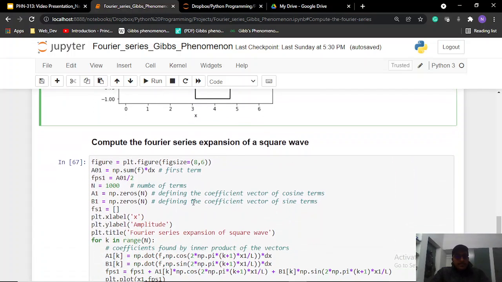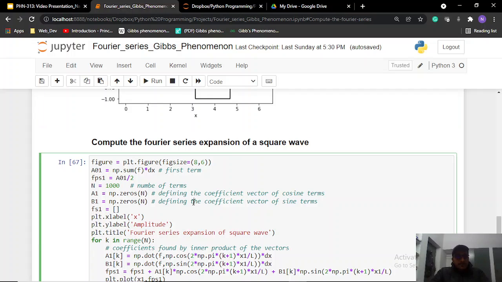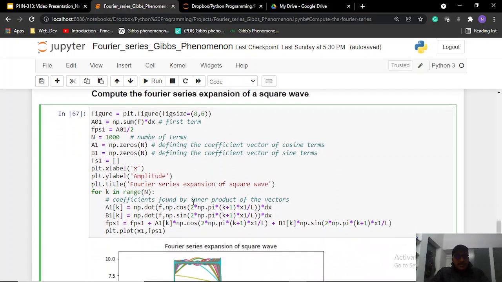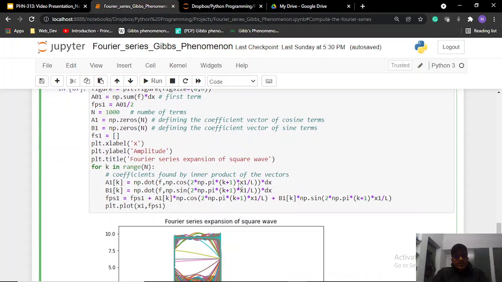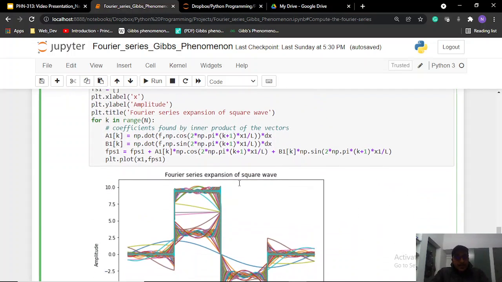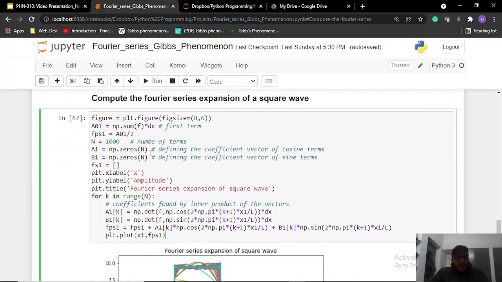Now we compute the Fourier series expansion of the square wave. Since there are discontinuities, we would be expecting Gibbs phenomenon to occur at these points. Sorry, there are 3 points of discontinuity between 0 and 2 pi. So we plot for n equal to 100.